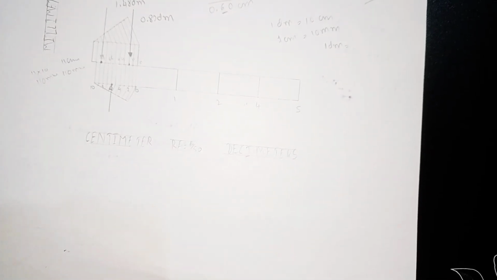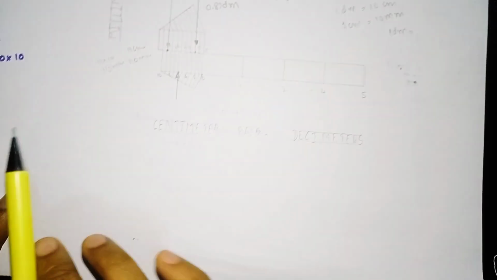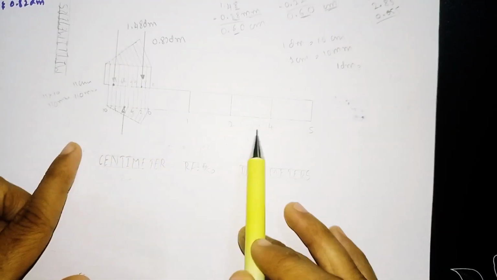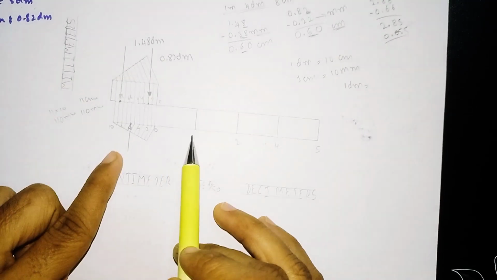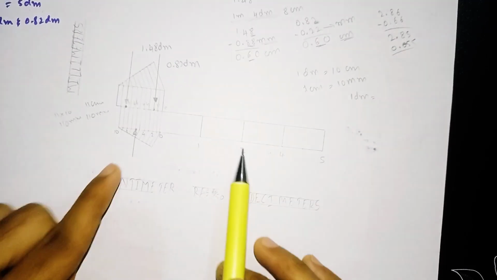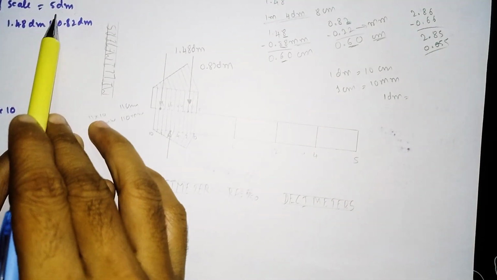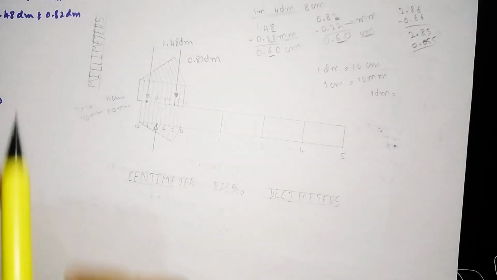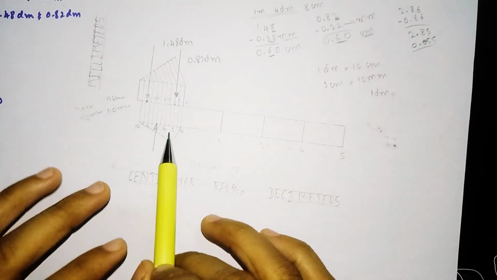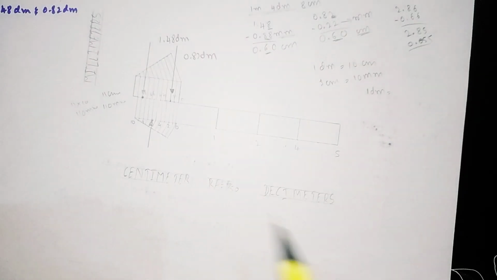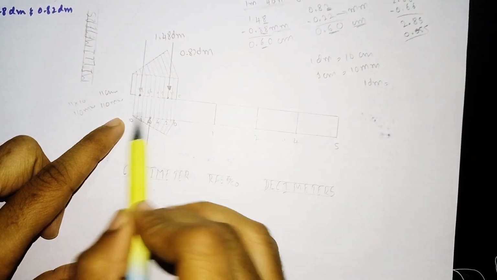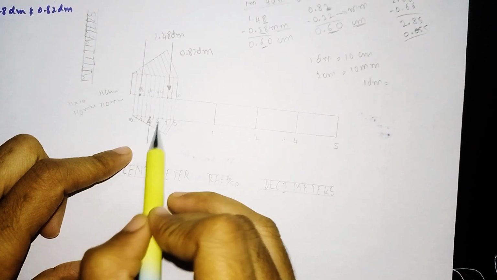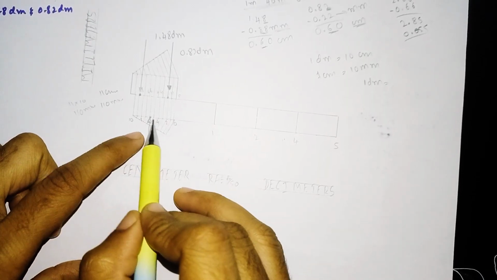And for drawing this, again it is very simple. After finding the length we have to draw the line on the 10 centimeter line. Then we need to divide this scale into equal parts of whatever the actual length they have given. So here they gave 5, so I have made 5 equal parts. Then I am taking the first part, and I have to show this first part in centimeters.